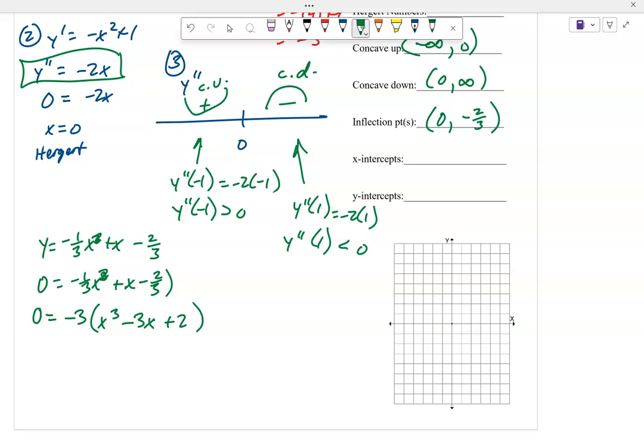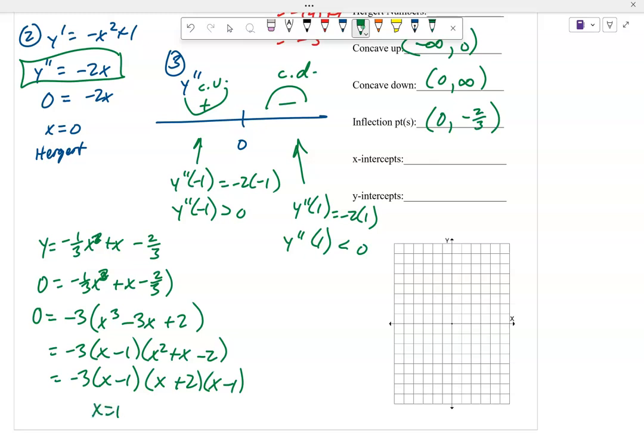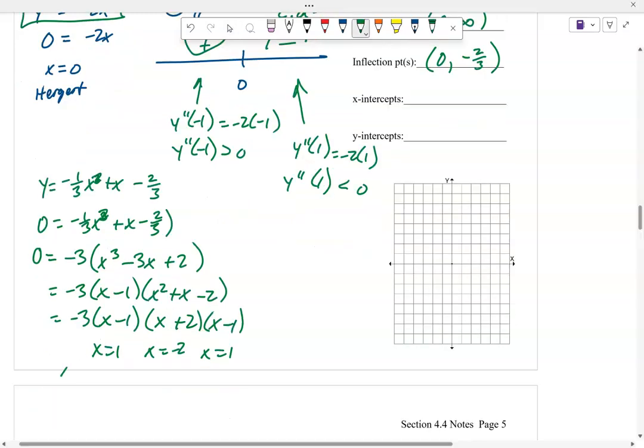And then that'll actually factor, let's see. So I've got x being 1 with multiplicity of 2.